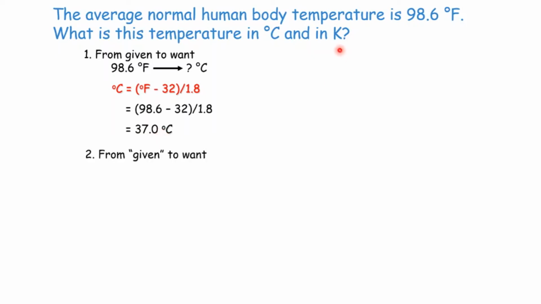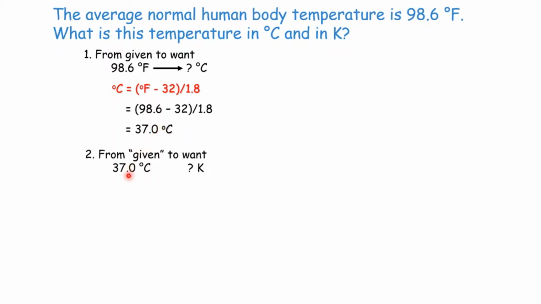Now, the second part of the question, from given to want. In this case, this given, I put a quotation mark there, is not directly given. You see, in the question, 37 degrees Celsius is not directly given, but it is still given, indirectly we can say, because that's what we calculated from the first part of this question.